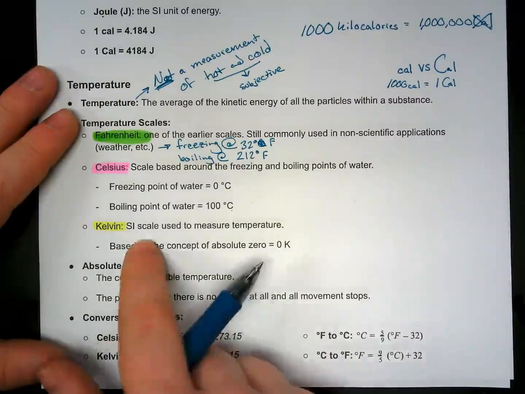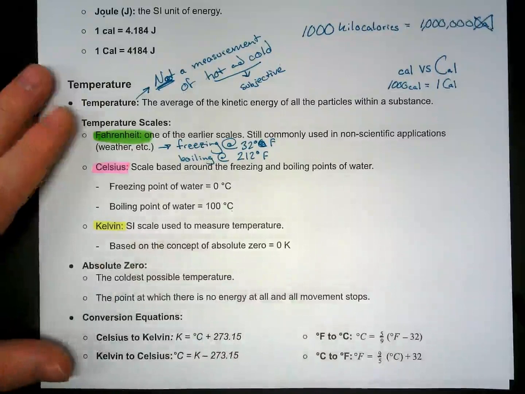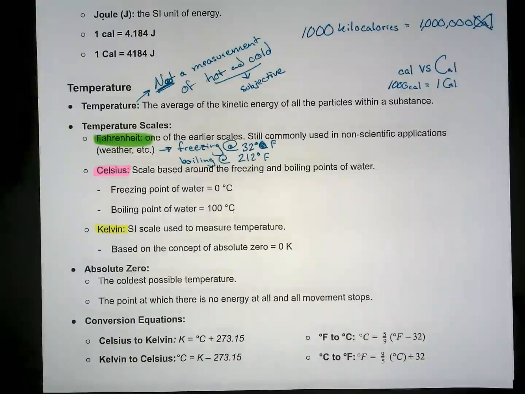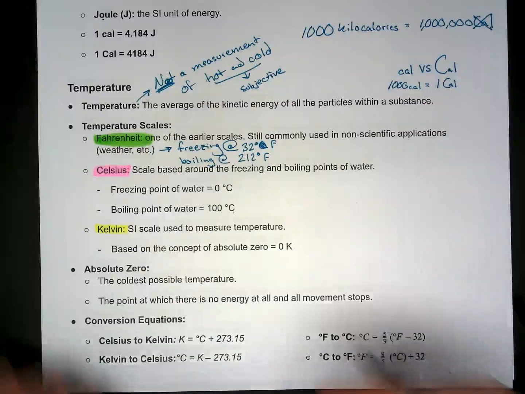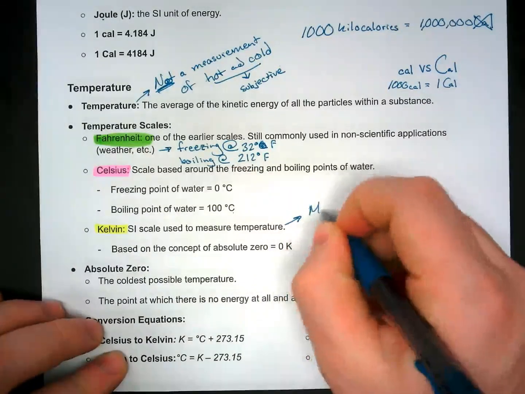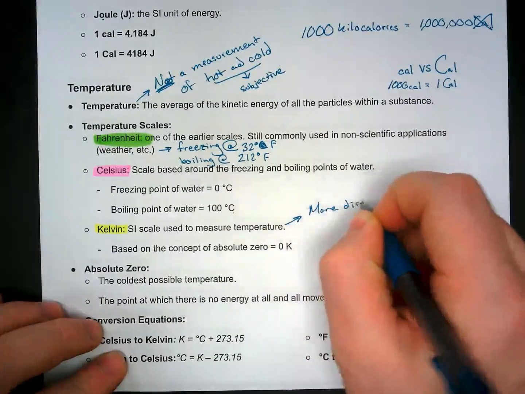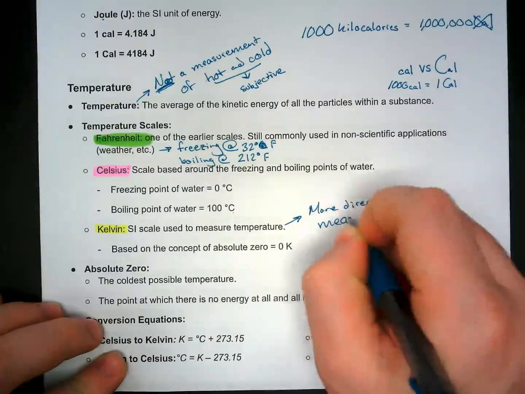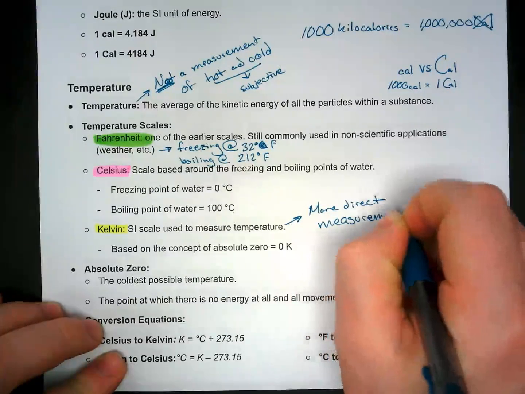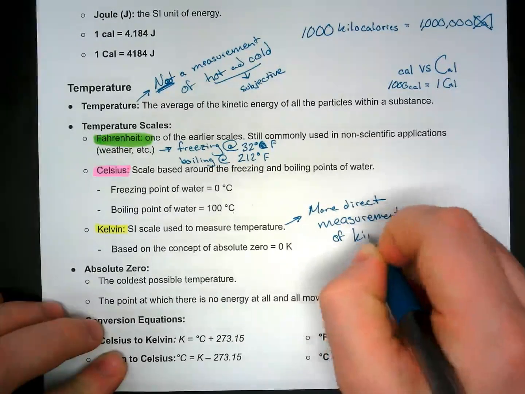Okay, and then we've got this weird scale called Kelvin. Kelvin is technically the SI scale used to measure temperature, and it's based off the idea that there is a temperature at which all motion stops. So Kelvin is a more direct measurement of kinetic energy.